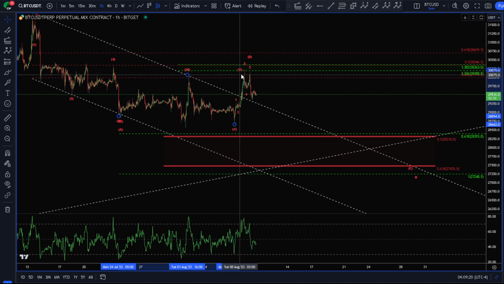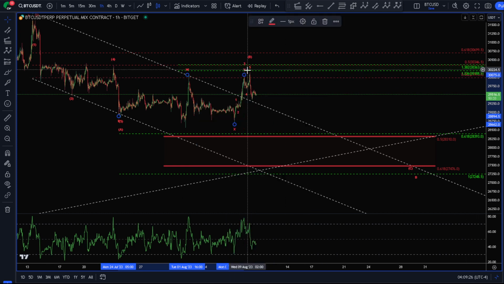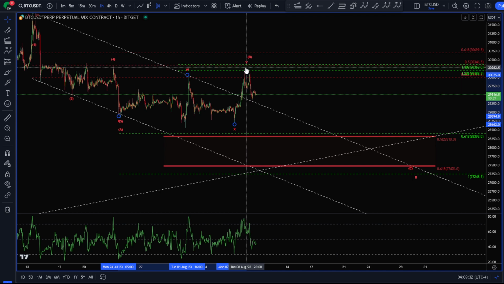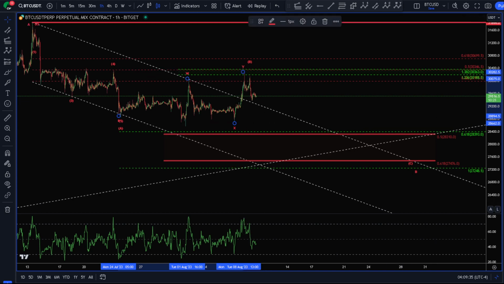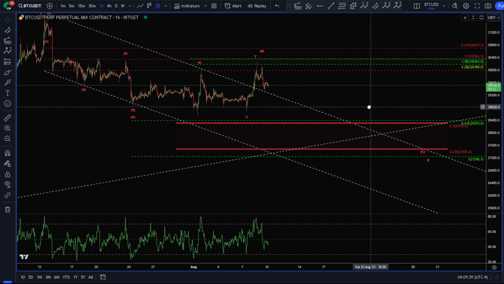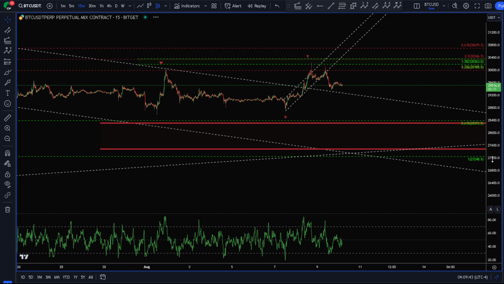Basically a running flat followed by the X wave, 3-wave move, and then we got a 3-wave move up. So either we got a truncation there or our pivot high was right here, and we're working on our wave 1 down of our C wave of B. Now zooming in even closer, you'll see what I mean here.